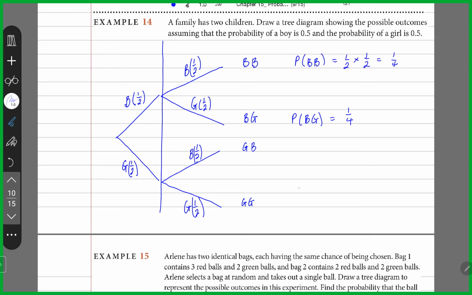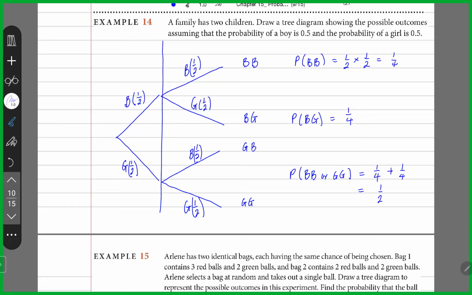Now, if someone asks you for the probability of, let us say, BB or GG, this would be the probability that both children have the same sex. It would be a quarter plus a quarter, which is a half.